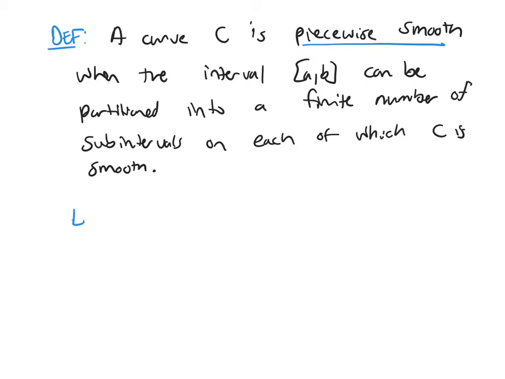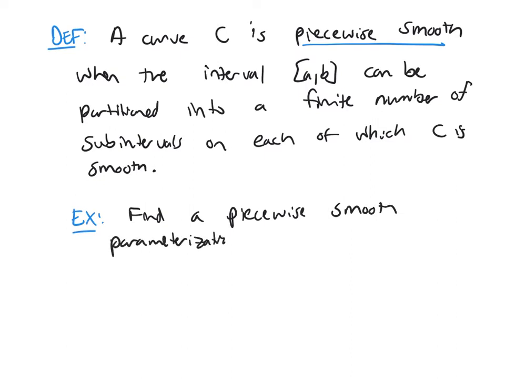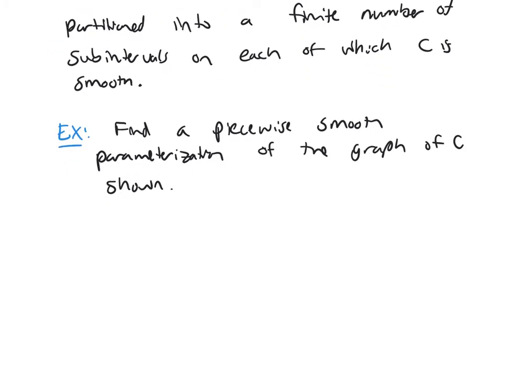So let's look at our first example here. Let's find a piecewise smooth parameterization of the graph of C shown. So the graph is going to look like this.